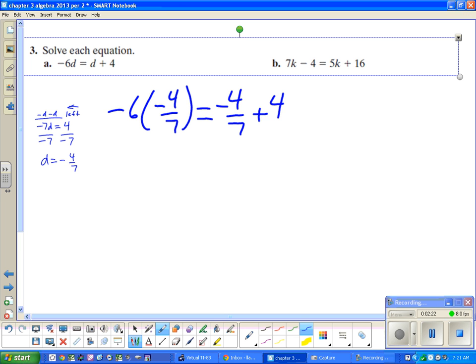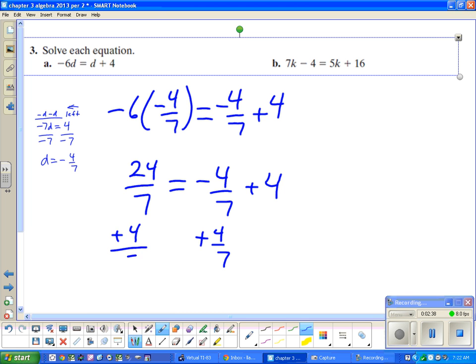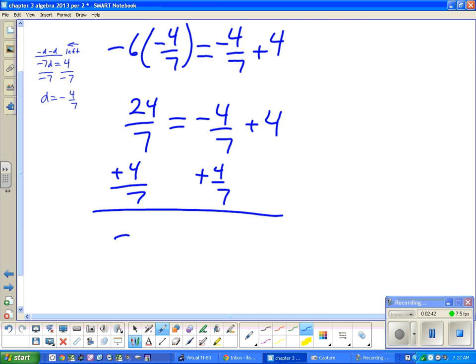If we multiply the 6 times -4, we get 24/7 and equal to -4/7 plus 4. Now the best way to do this is I want to add 4/7 to both sides, and when I do that, we get 28/7, which equals 4, and it checks.